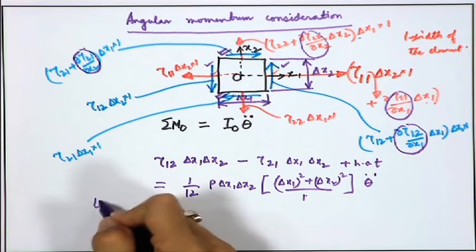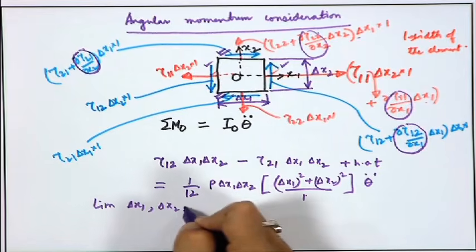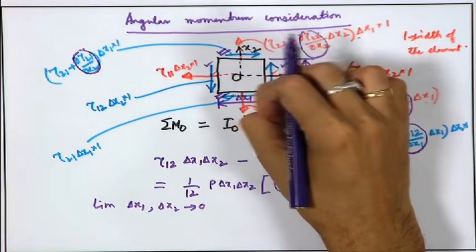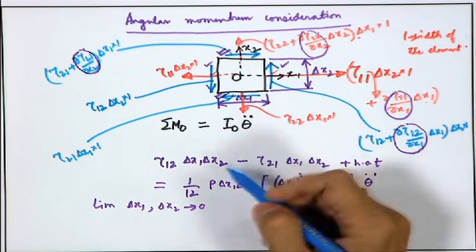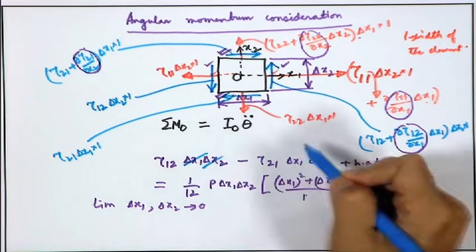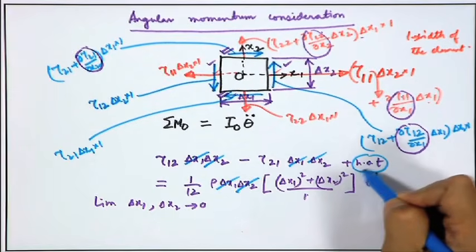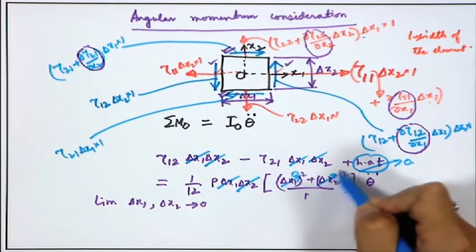Now take the limit as delta x 1 and delta x 2 tend to 0, that is, this entire element shrinks to a point. If you take this limit, then what happens? First of all, these terms will be cancelled, then the higher order terms will tend to 0 and these terms will tend to 0.